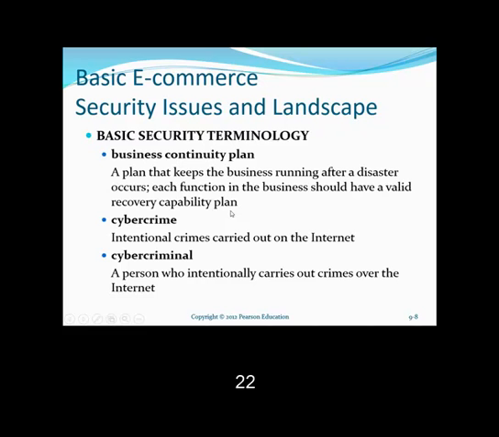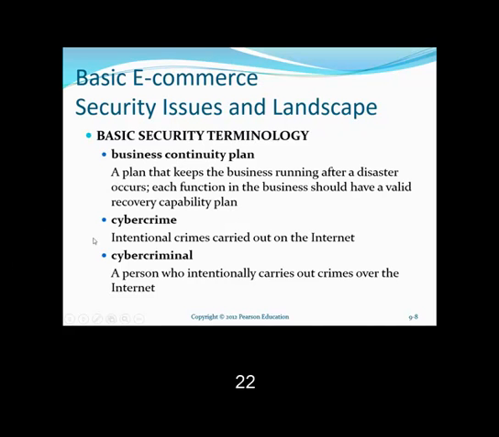For example, as we have learned before, at least the major functions of the business include accounting, the human resource department, financing, and operation management. So these major business functions need to have a business continuity plan. When a disaster happens, what will they do with the information that they have? For example, they need to have a backup for their data.